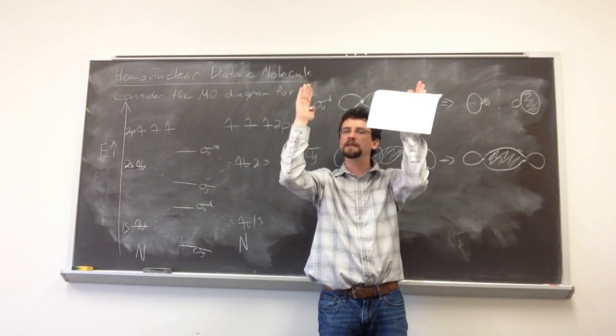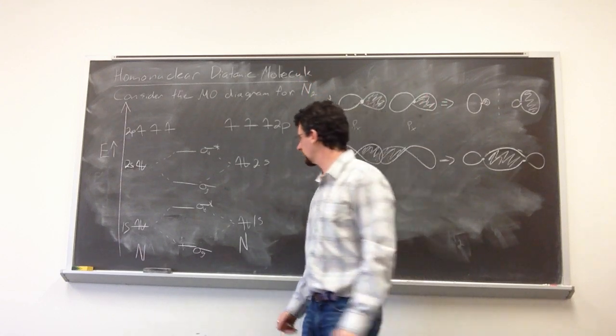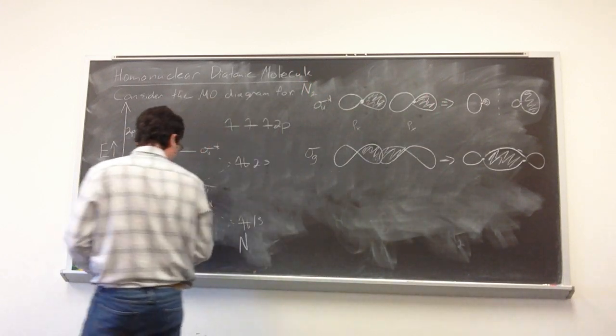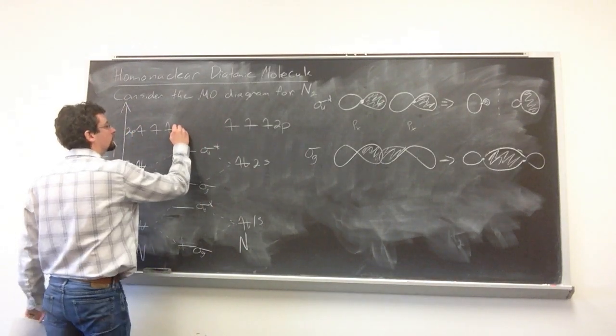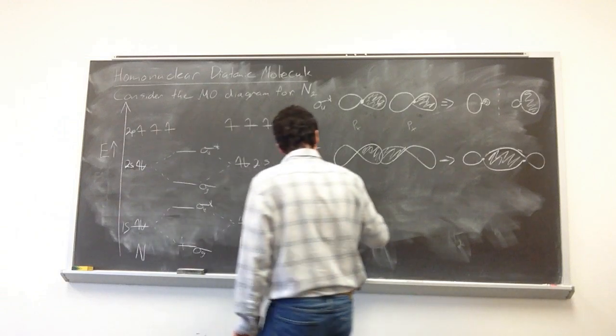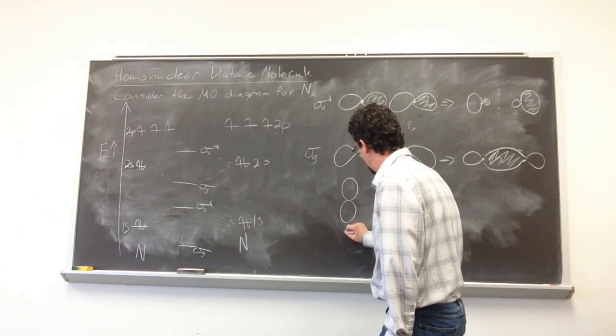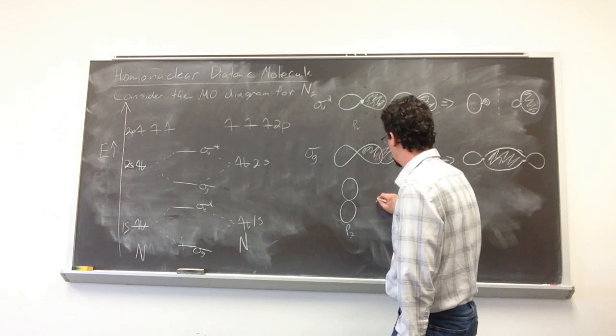We have the pz and the py that are pointing this way. What type of overlap are they going to have? First we'll draw these two. Now let's consider pz orbitals.